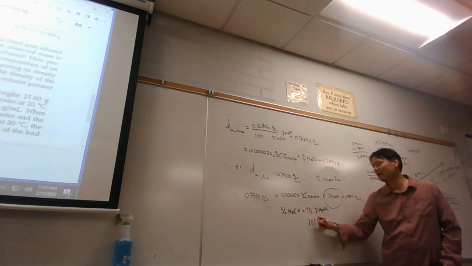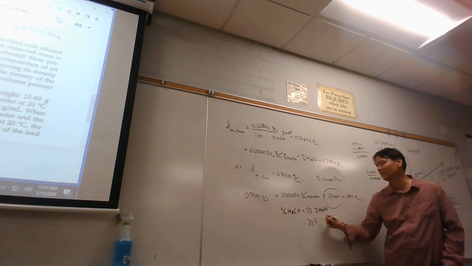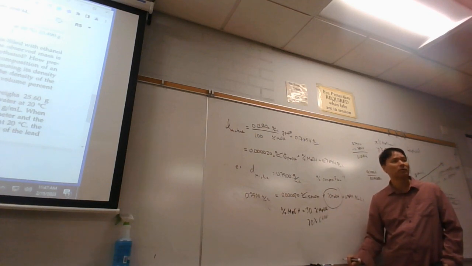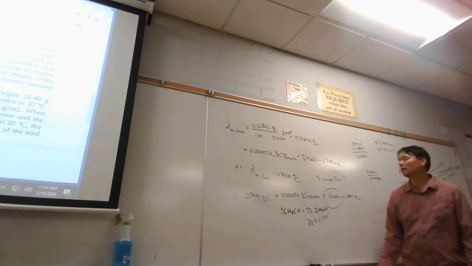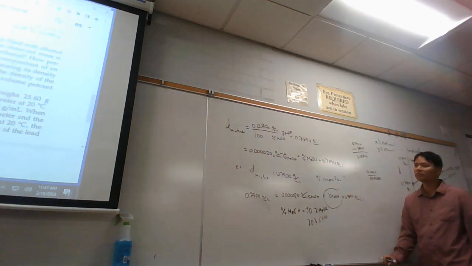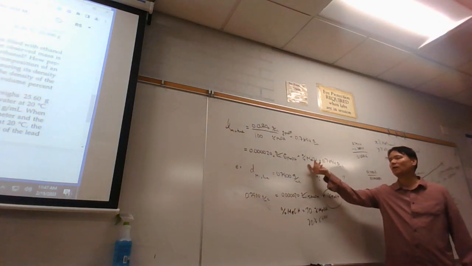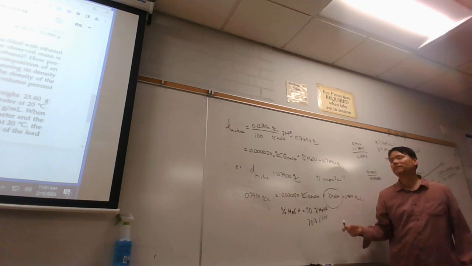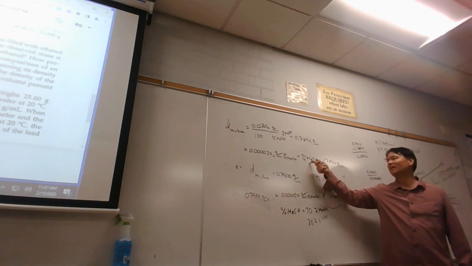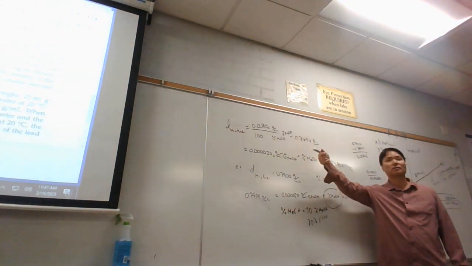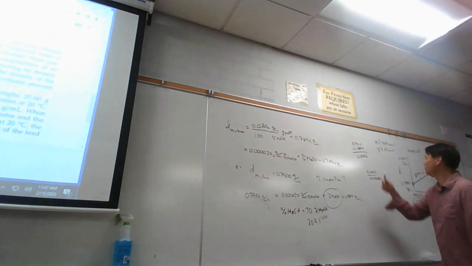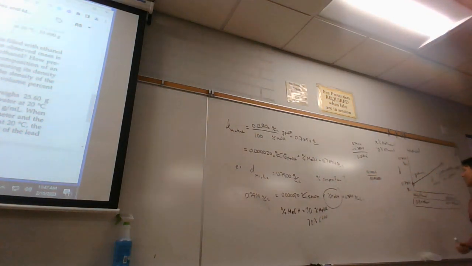If it's 30% methanol, then the second equation is it's got to be 70% ethanol. Does that make sense? Okay, likewise, we can just pick a composition and then figure out. Let's say it's 80% methanol. What would its density be? Well, if it's 80% methanol, we'd plug in 80 here and then just solve for the density. We could do it mathematically, or we could do it graphically.